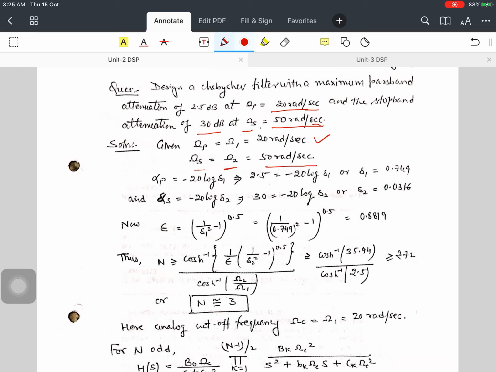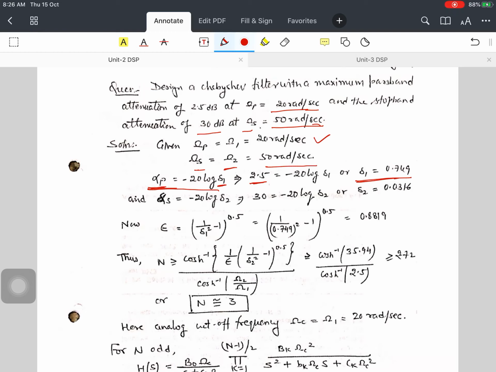Now attenuation is also given, meaning the values of alpha p and alpha s are given. You know the formula alpha p equal to minus 20 log del 1. Because alpha p is given as 2.5, just put 2.5 equal to minus 20 log del 1, and from here we can calculate the value of del 1.